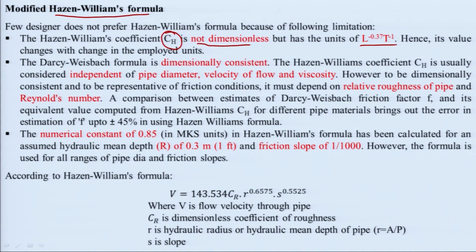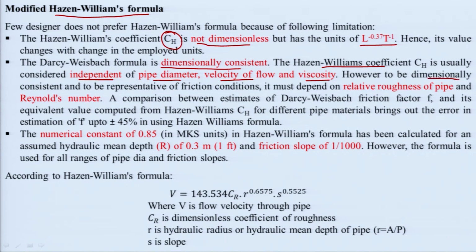Next, while considering the value of CH, they considered only limited things. In case of Darcy-Weisbach formula, the formula is dimensionally consistent. In case of Hazen-Williams coefficient CH, it is considered independent of pipe diameter, velocity of flow, and viscosity.